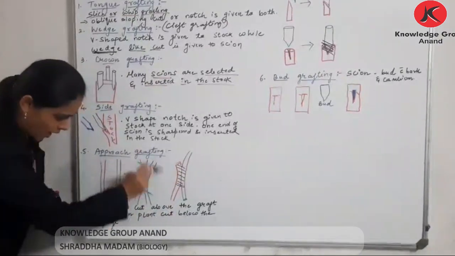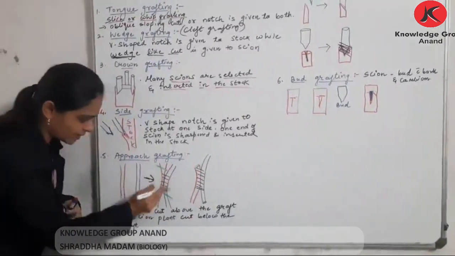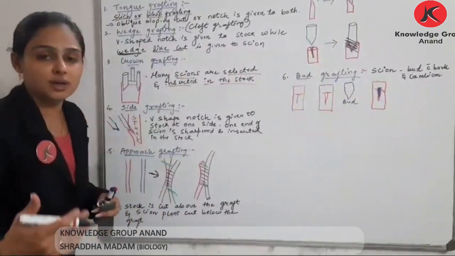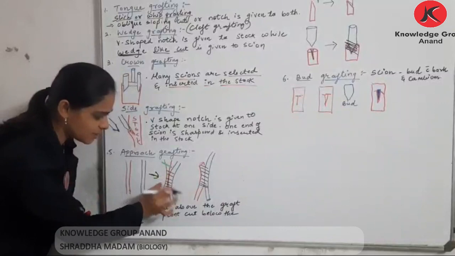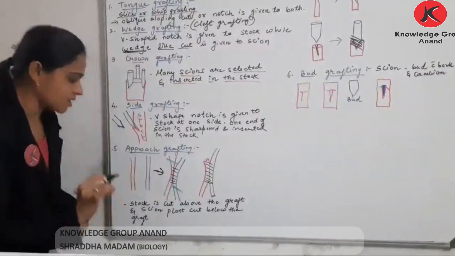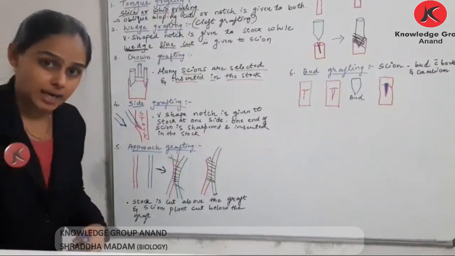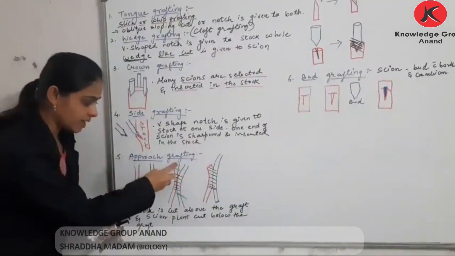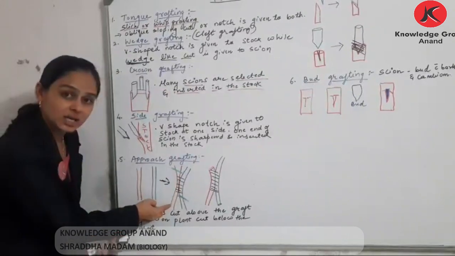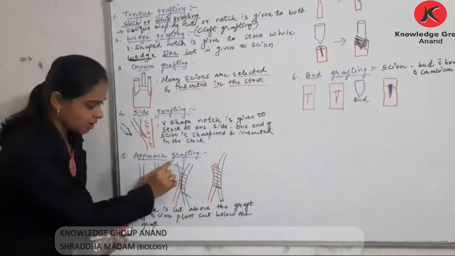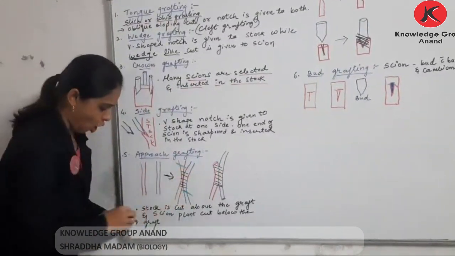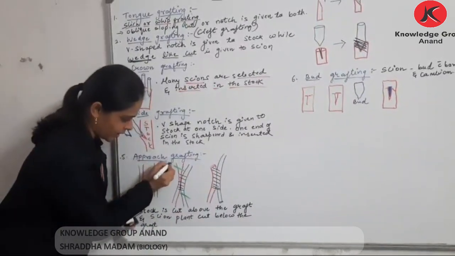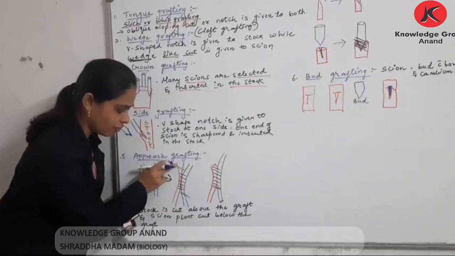I have brought the shoots together and I am going to bind them by means of grafting clay, as you can see over here. Once the graft is done, the stock, the red colored portion, is cut above the graft.